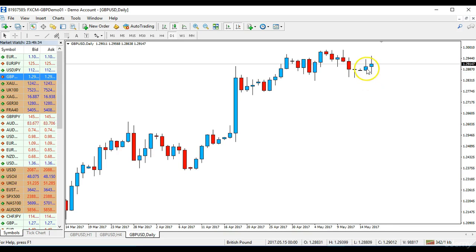So that's all it does. With a candle, you can see at a glance where it opened, where it closed, and it gives you a visual representation of what it did that day.